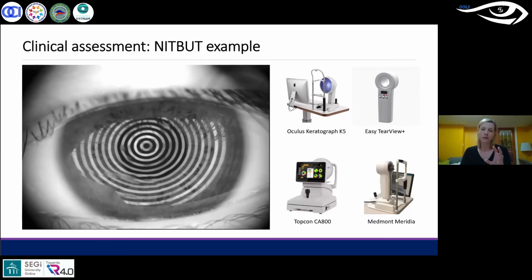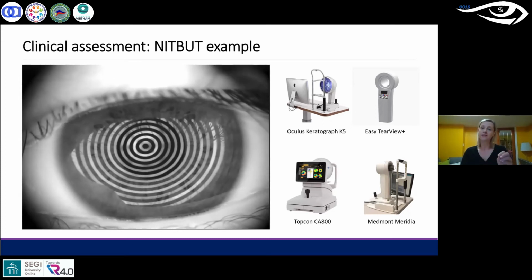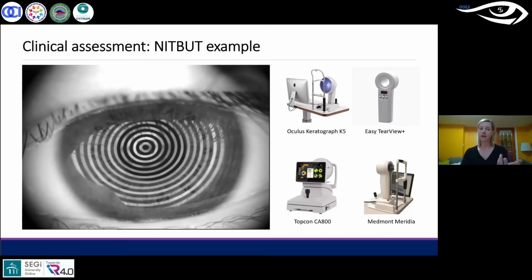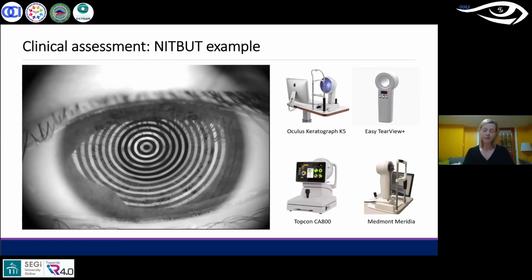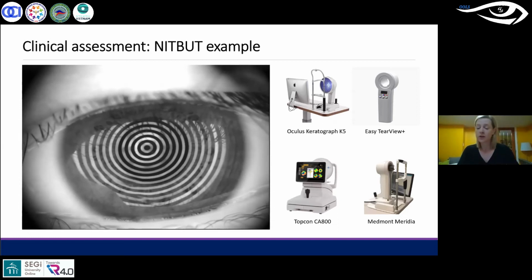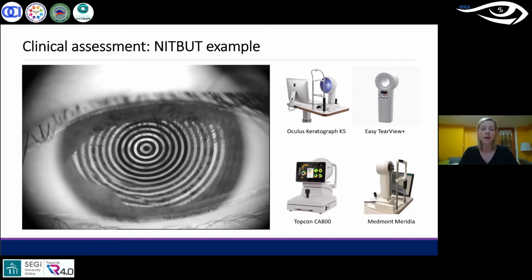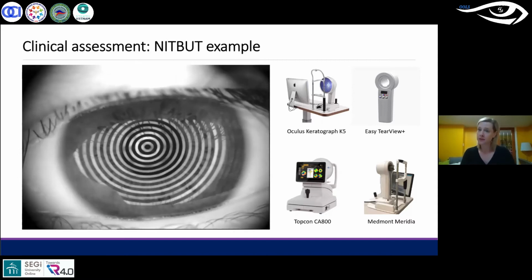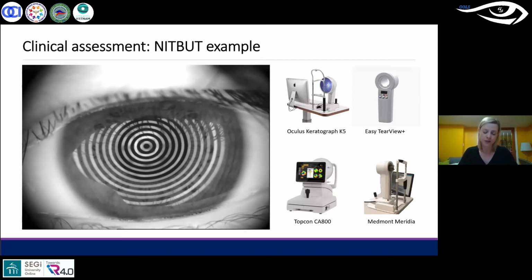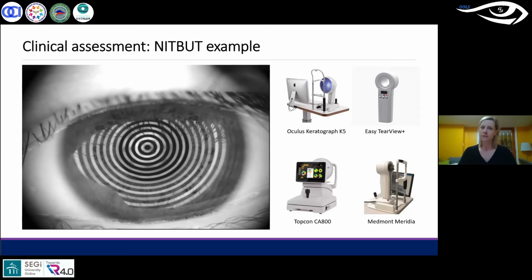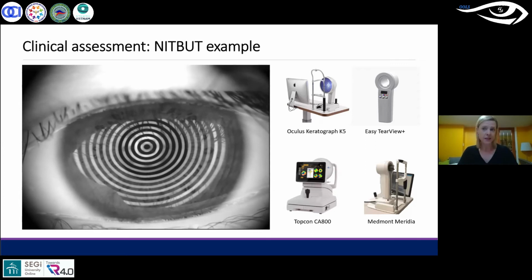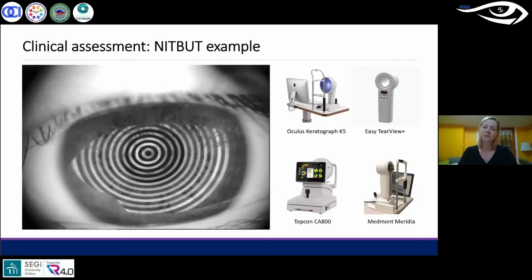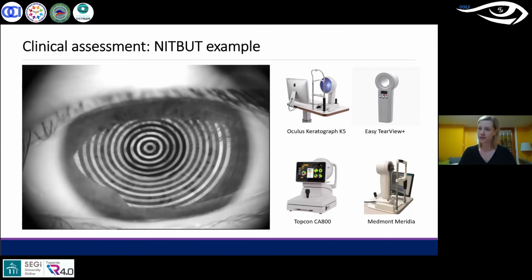Now, these kind of non-invasive instruments for measuring tear breakup time, with a Placido disc that can be reflected onto the tear film, are not available in every practice by any stretch. They may be in some of the more academic or hospital situations. So if you don't have that, it doesn't mean that you can't assess tear film quality. You're going to be instead using a fluorescein dye.